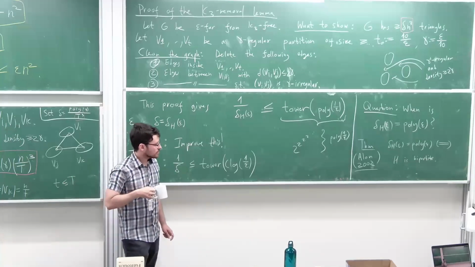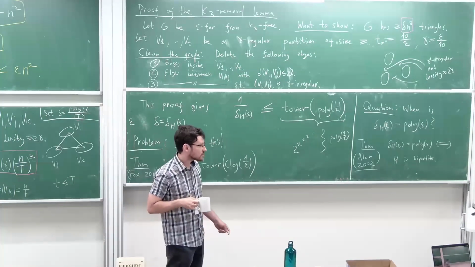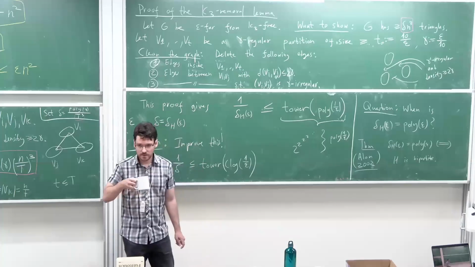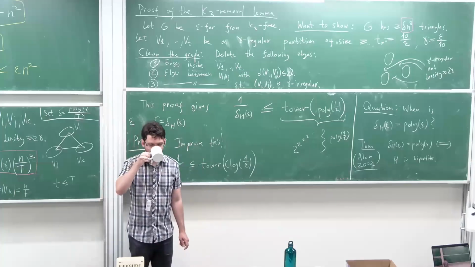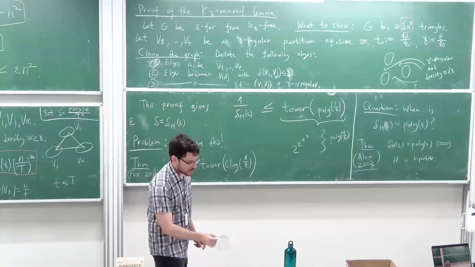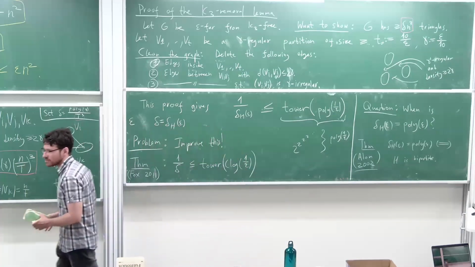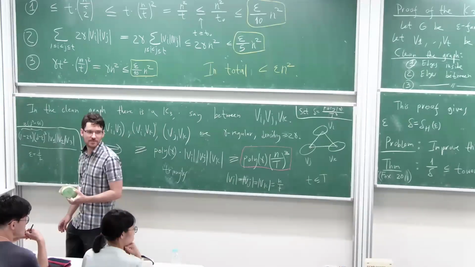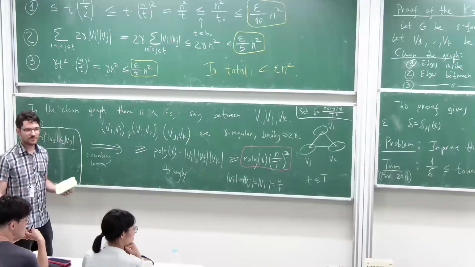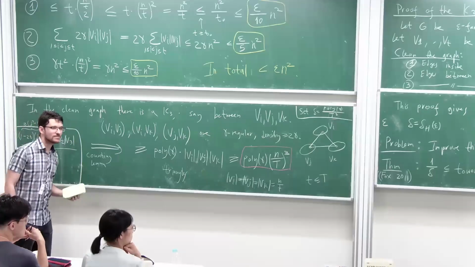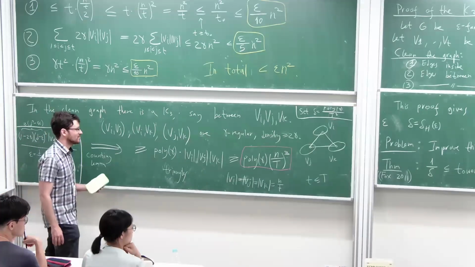There is one direction of this theorem that's actually pretty easy, and another direction which is harder. So let me tell you the easy direction. Do you want to guess what the easy direction is?